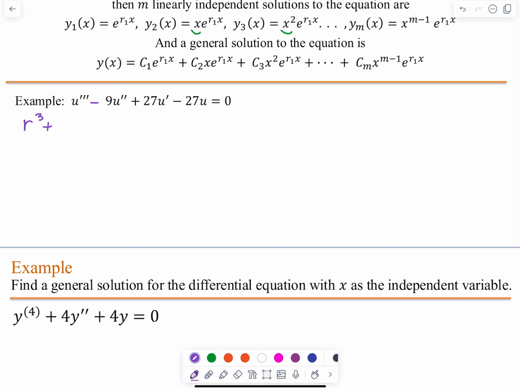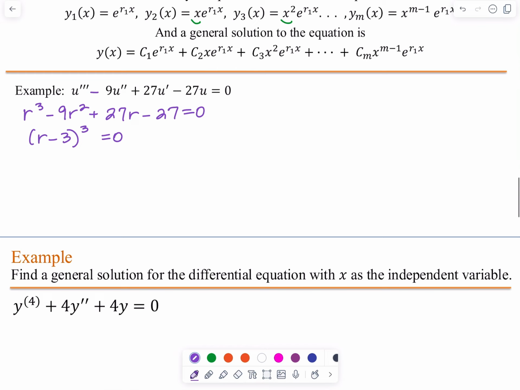So we have r cubed minus 9r squared plus 27r minus 27 is equal to 0. And here we have a perfect cube. R minus 3 cubed is equal to 0.